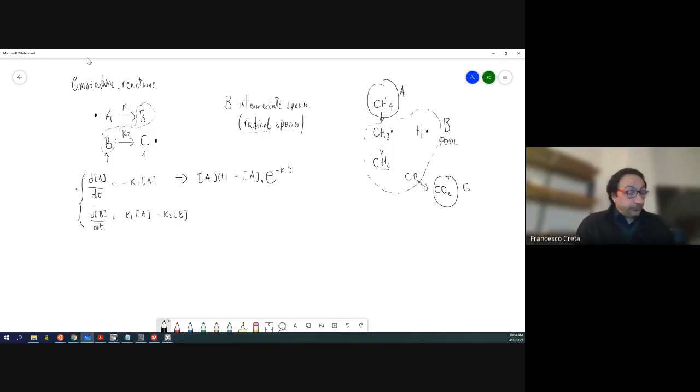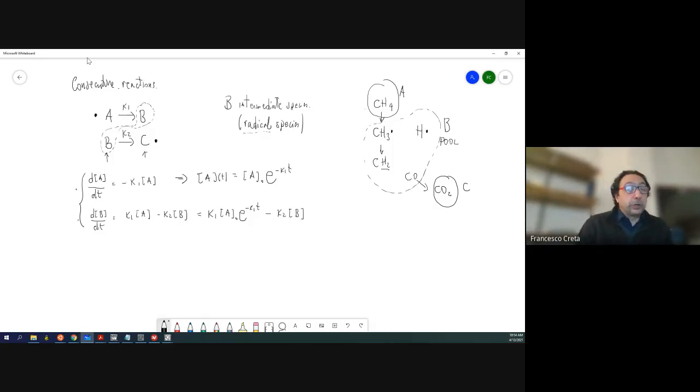Well, we can write it using the solution of A: K1 A0 e to the minus K1t, minus K2B.